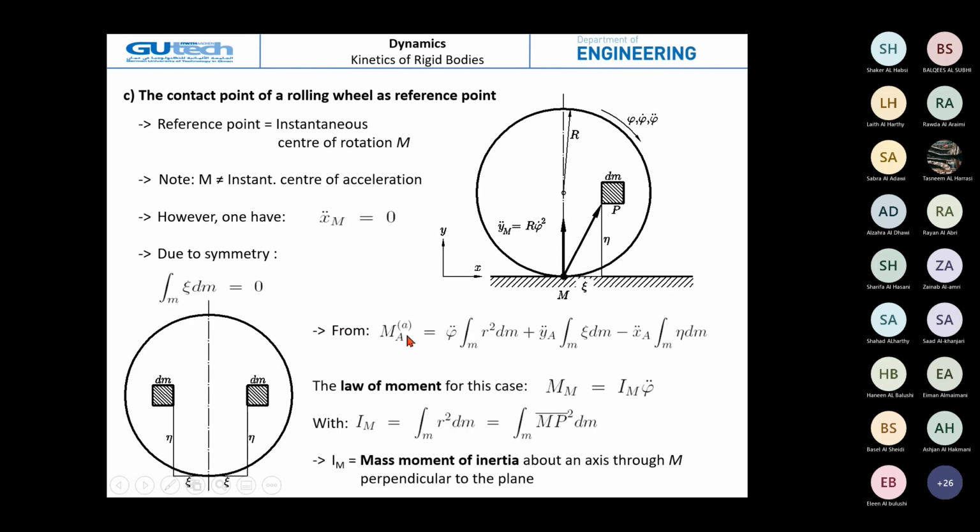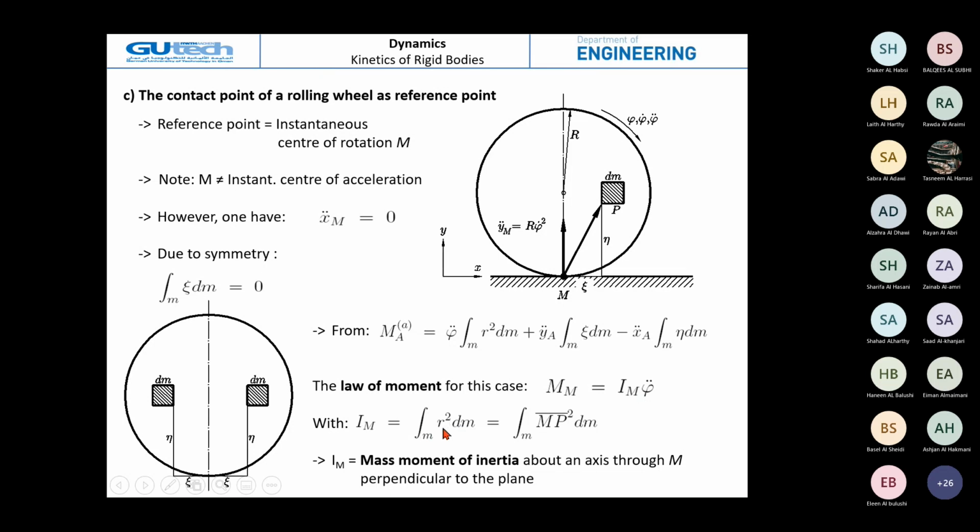For MA now, the moment about A, the external and not internal, we have the relation. We find this relationship, the law of moment for this case: the moment at the point M will be the same. We use the same equation, Im, the inertia moment, multiplied by the angular acceleration. The same principle, Im is the integral of r squared dm.